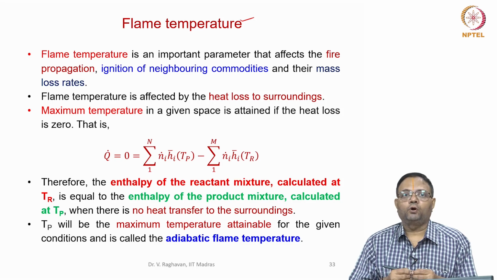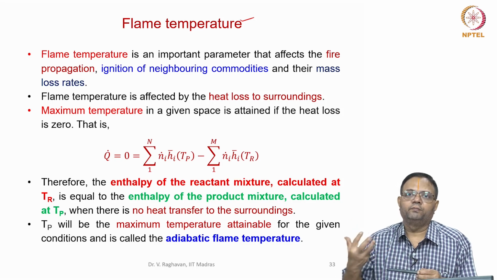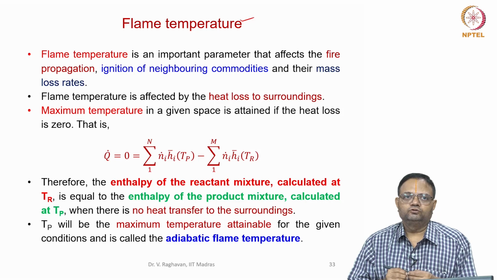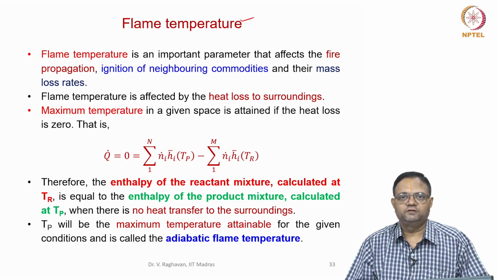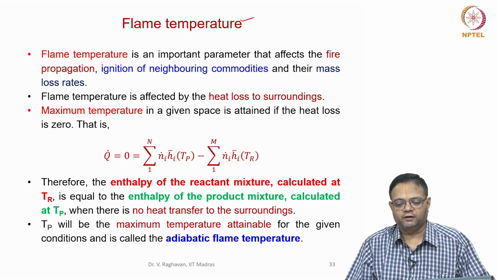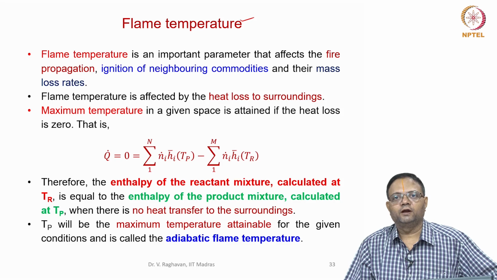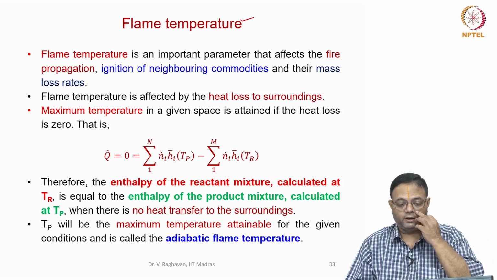Or, if the products leave at a higher temperature, what will be the heat release? In the flow scenario, it is only the enthalpy change, enthalpy of the products minus enthalpy of the reactants. That is the second thing we saw. And also we saw how to calculate this for the multi-component fuel and wood, etc.